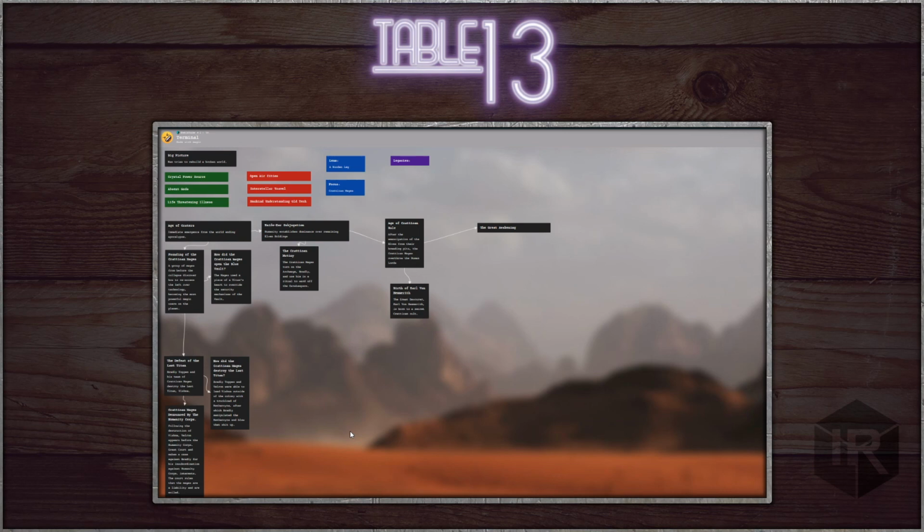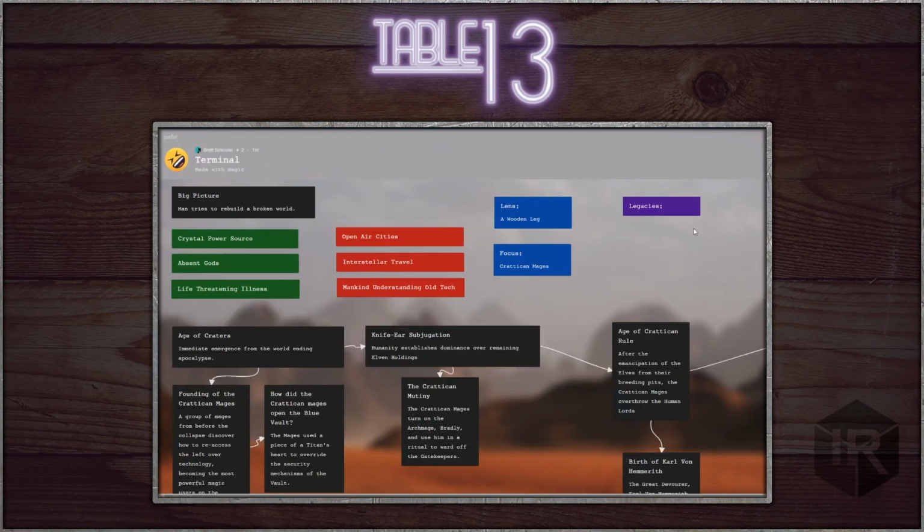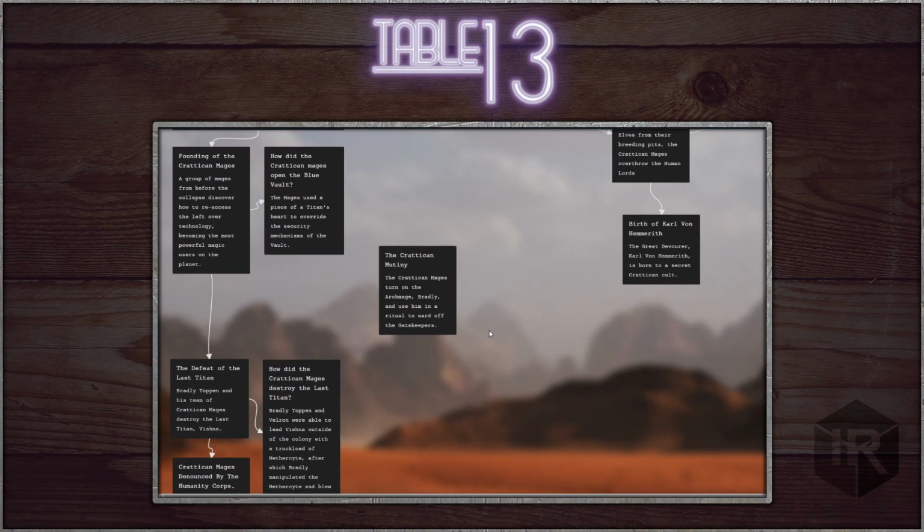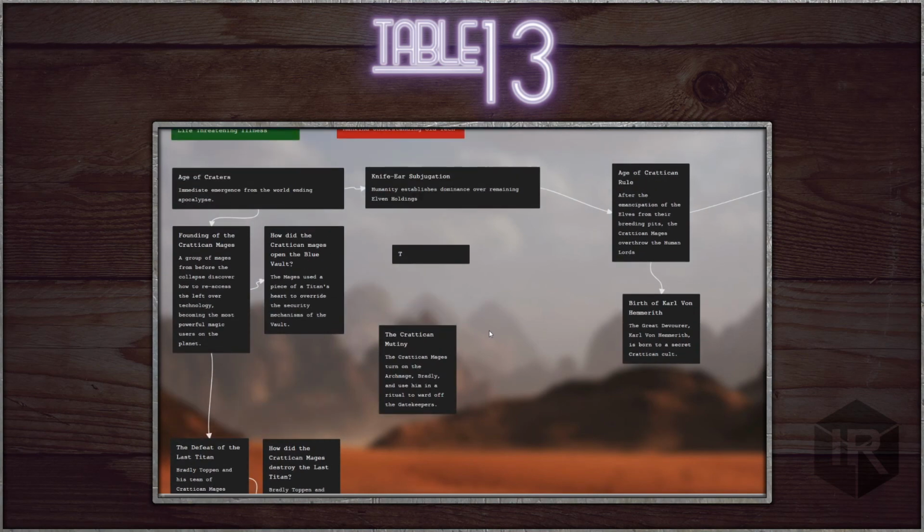So I'm going to choose the gatekeepers. I think. Okay. All right. I am going to put, before the Kratikin mutiny, the Awakening of the Gatekeepers.